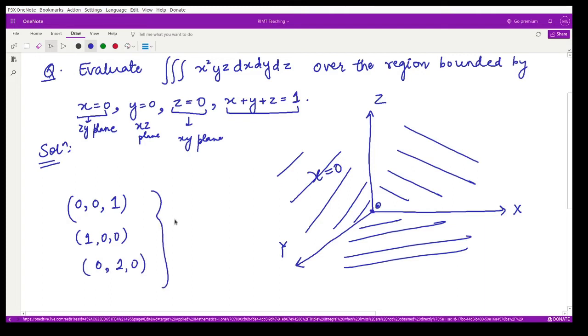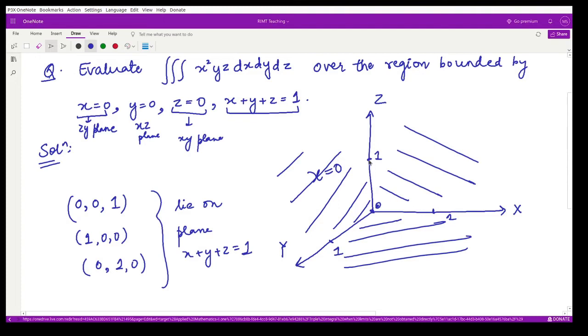So these 3 points lie on the plane x plus y plus z is equal to 1. Say this distance is 1, this distance is 1 and this distance is also 1. So your plane would pass through these 3 points.